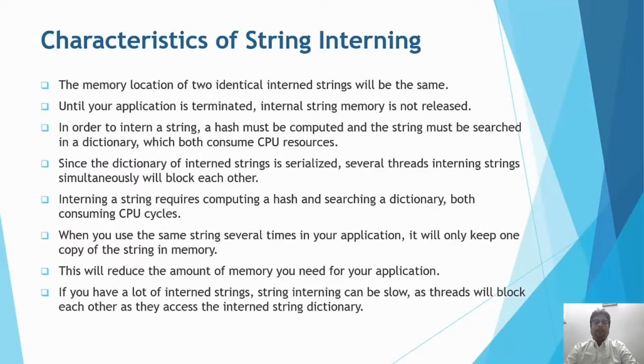When you use the same string several times in your application, it will only keep one copy of the string in memory. This will reduce the amount of memory you need for your application. If you have a lot of intern strings, string interning can be slow as threads will block each other as they access the intern string dictionary.